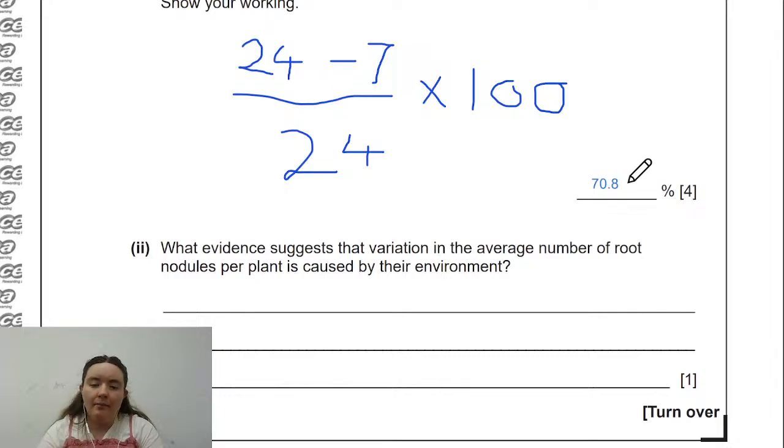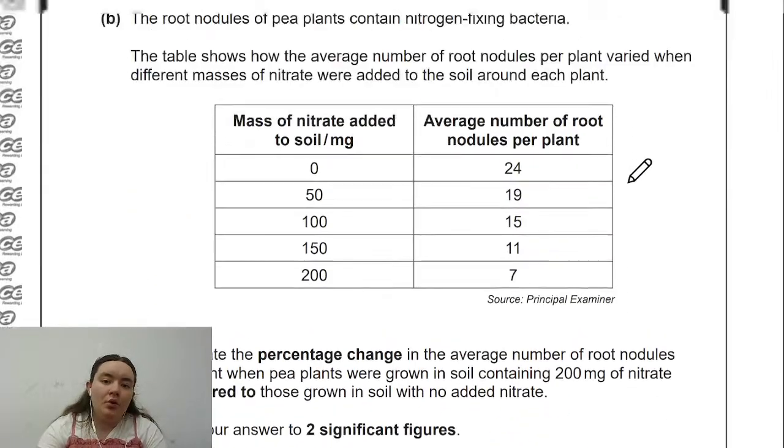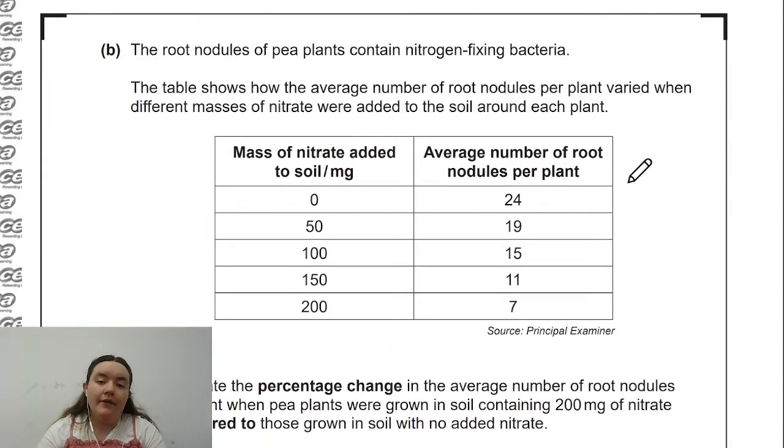is caused by the environment? So the evidence that we have is essentially that this is quite consistent, that the more nitrates we add to the soil, the fewer and fewer nodules that the plant has.